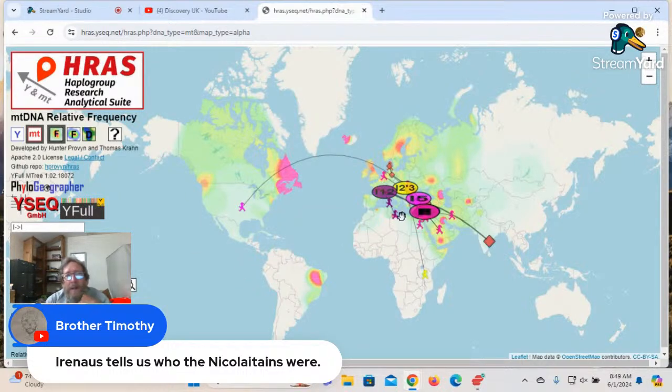So I'm thinking that could have crossed over with the Medes when the Medes came, because it's Eurasian. It's actually a daughter of N. It's a Semitic lineage, but I don't know.